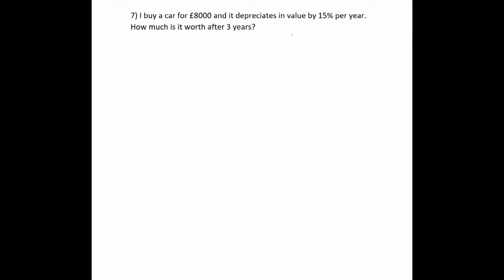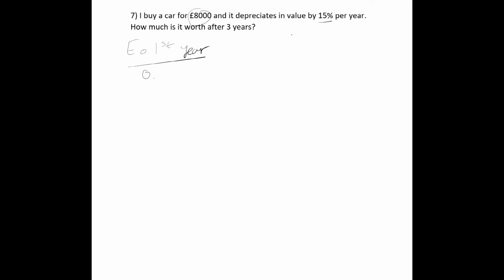Finally, let's revisit compound depreciation. I buy a car for £8,000 and it depreciates in value by 15% per year. How much is it worth after 3 years? To do this, I'm firstly going to work out how much the car is worth at the end of the first year, which is going to be 15% less than £8,000.